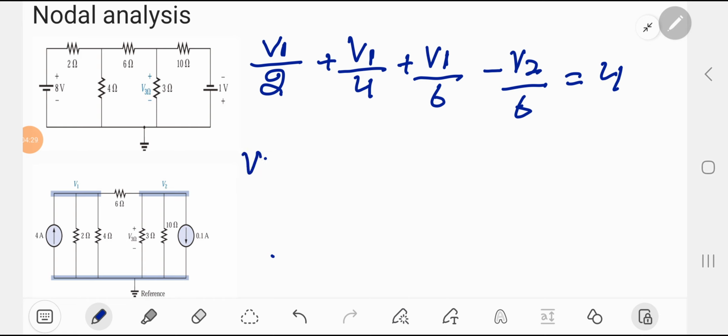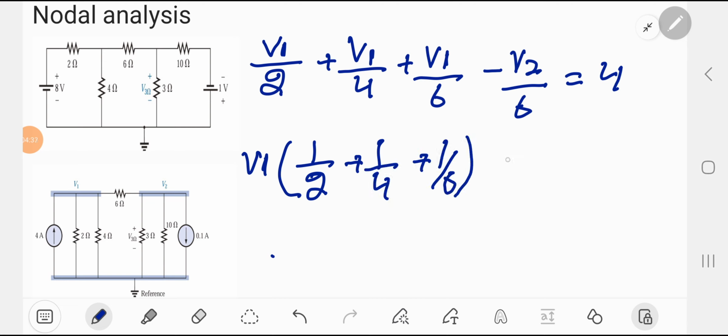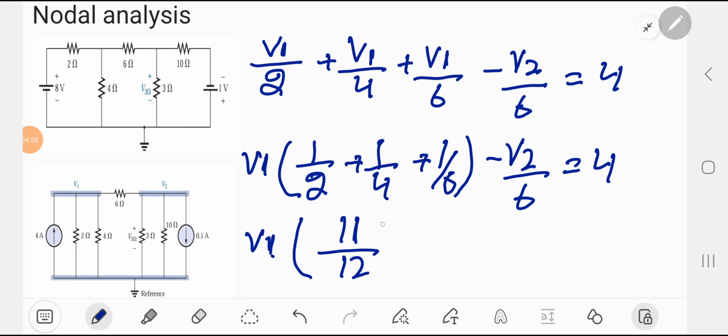So V1 is common among the following, and we take out V1 as a common factor. Now if we add all these three terms, it will equal 11 divided by 12 V1, minus V2 divided by 6, which is 4.